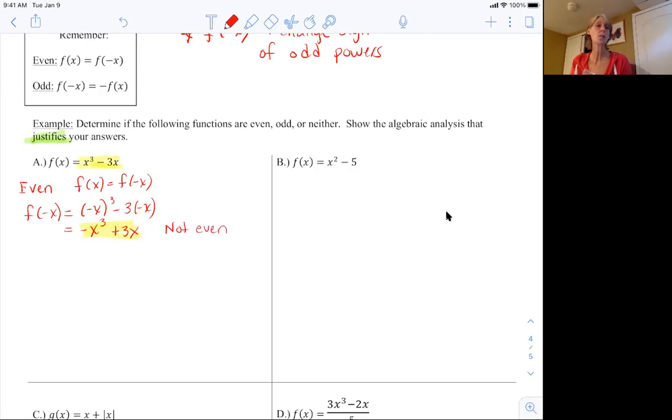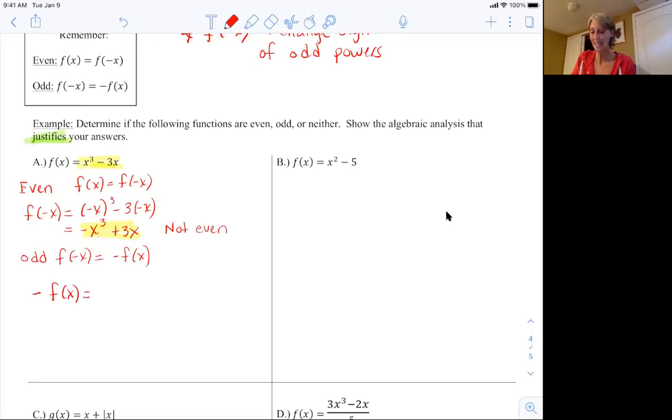So the next thing we would do is test if it's odd. Now, if it's an odd function, f of negative x is going to equal the negation of f of x. We already have f of negative x in the line above. This is f of negative x. So now we're going to find the negation of f of x and compare those two.